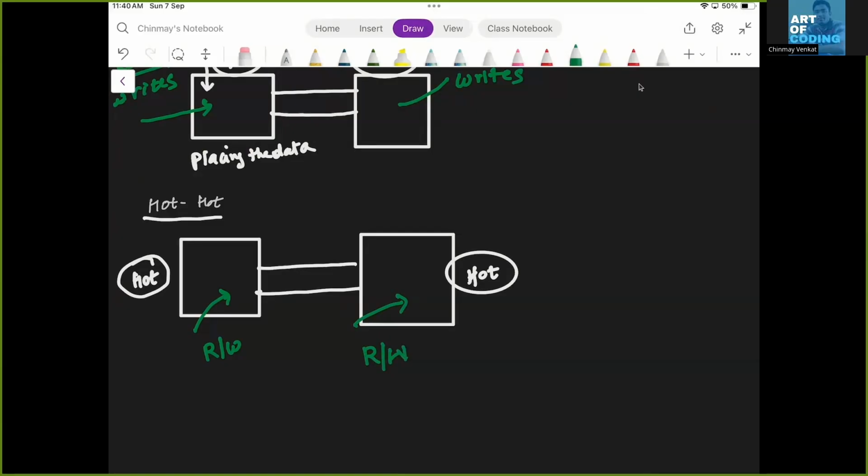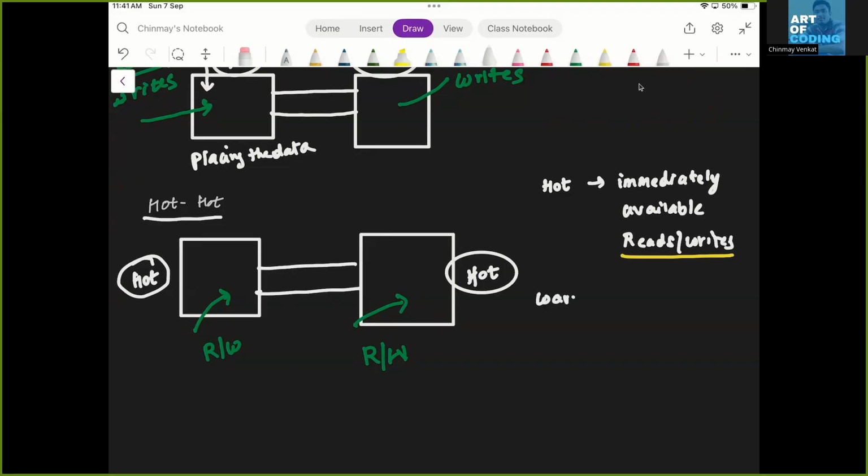Now you need to understand the terminology in a better way, without any confusion. Hot means immediately available data. That means reads and writes take place from the hot. Now warm. Warm means slowly available.